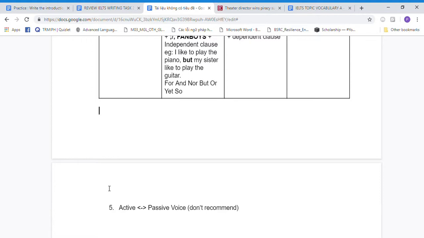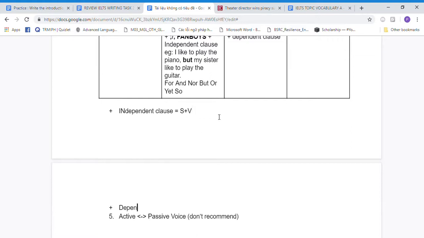An independent clause is subject with verb, but a dependent clause is like mệnh đề phụ thuộc, which means it cannot stand alone by itself, you have to depend on something.